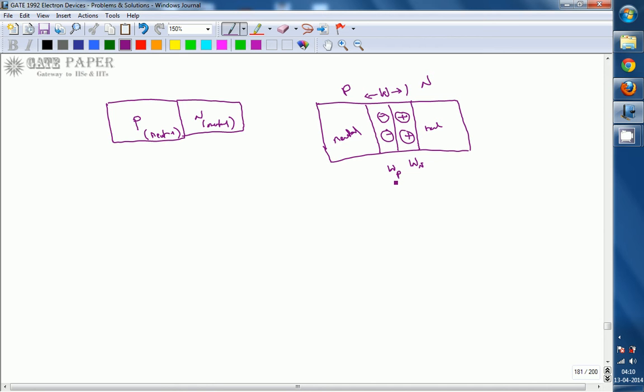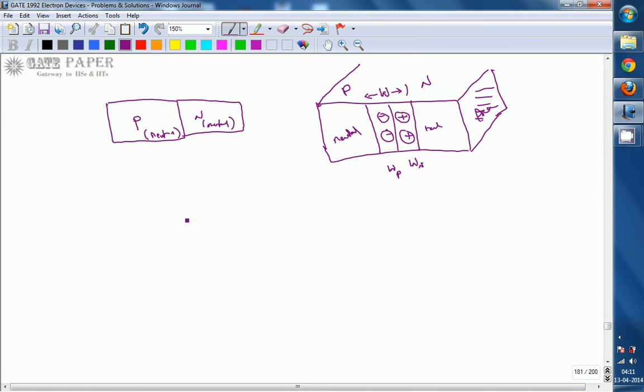Now we will look at the charge on the p side and the charge on the n side. Assume this is a three-dimensional view, in which this is the common area for the n side as well as the p side.